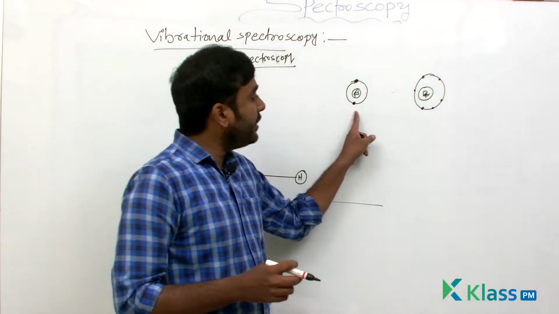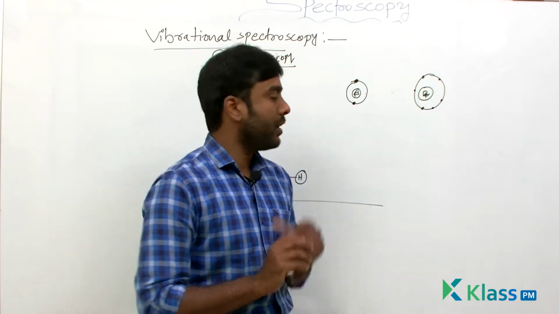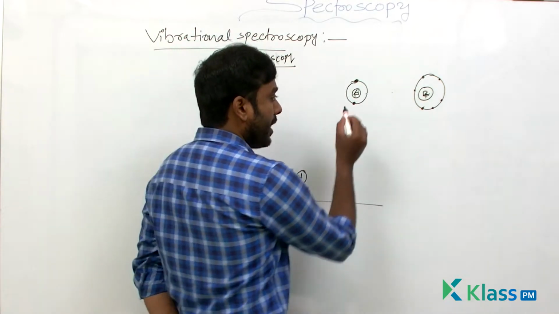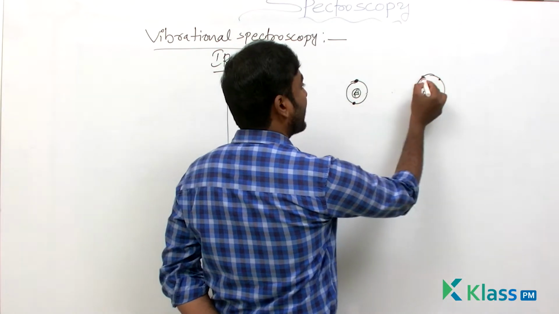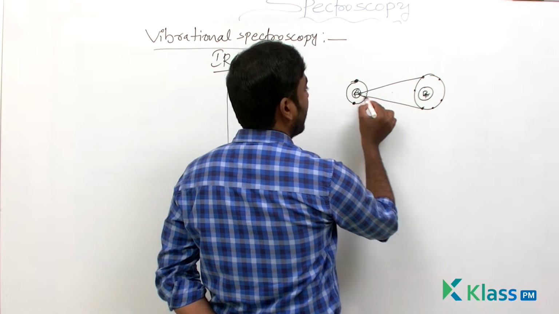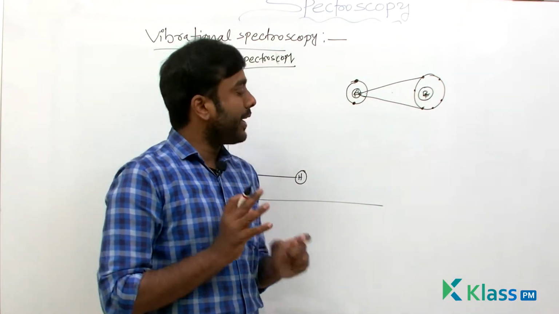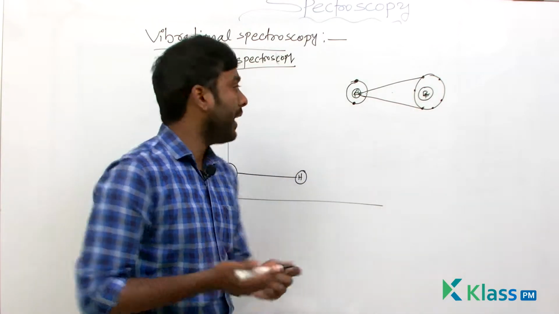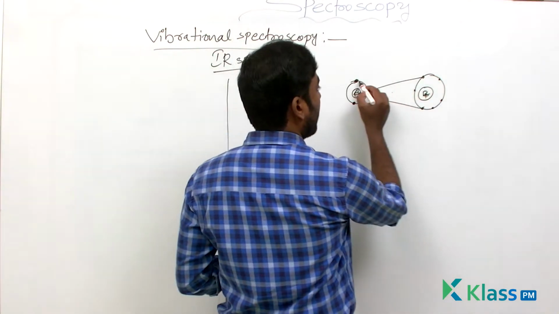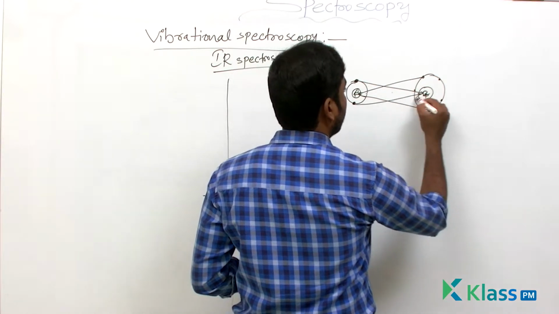Now between these 2 atoms, 2 kinds of forces will exist. What kind of forces are those? This nucleus will attract these electrons. The nucleus of A will attract the electrons of B. At the same time, the nucleus of B will also attract the electrons of A.